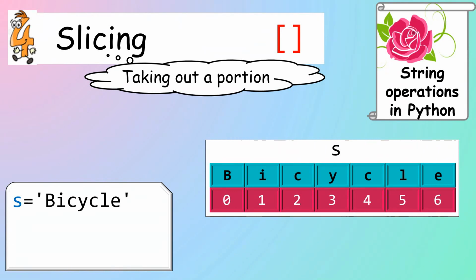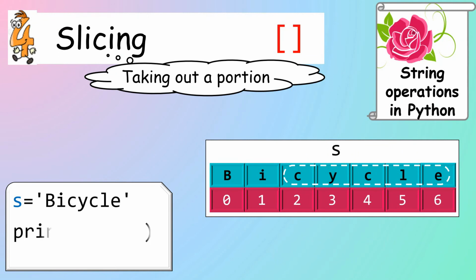Now suppose I want to slice the substring cycle from the main string bicycle. Bicycle is the main string, and from this string I want to slice out the substring cycle. So you have to use the slicing operator now.